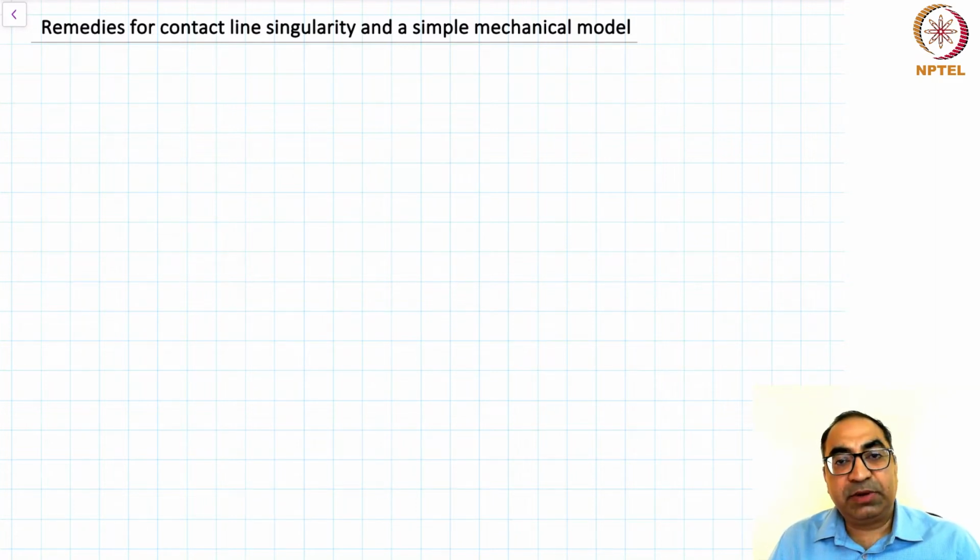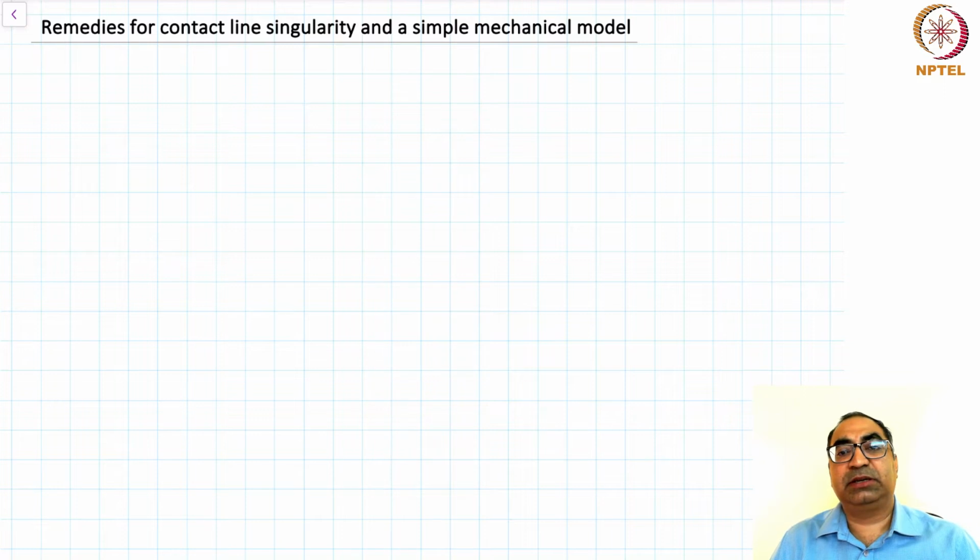And we will look at one simple mechanical model which basically gives us a relationship between the force and the velocity, or in particular, a relationship between the velocity of the moving contact line and the contact angle theta. Of course, this is a dynamic contact angle, and we will see a very simple model.